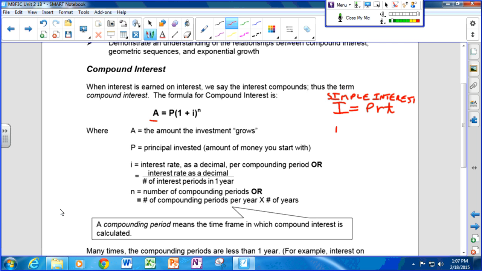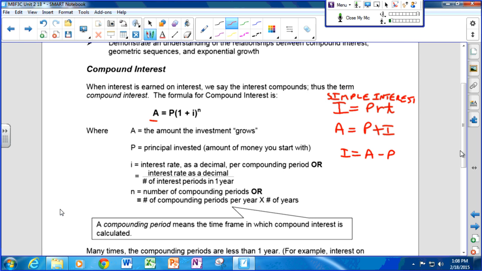For simple interest, we had A equals P plus I, and that formula actually still applies to compound interest, which means that when we calculate compound interest, we're given the amount. That's what the formula we use gives us. But we can always calculate the interest if we know the principal, right? We just subtract. We can say I equals A minus P. We just rearrange that second formula that we have.